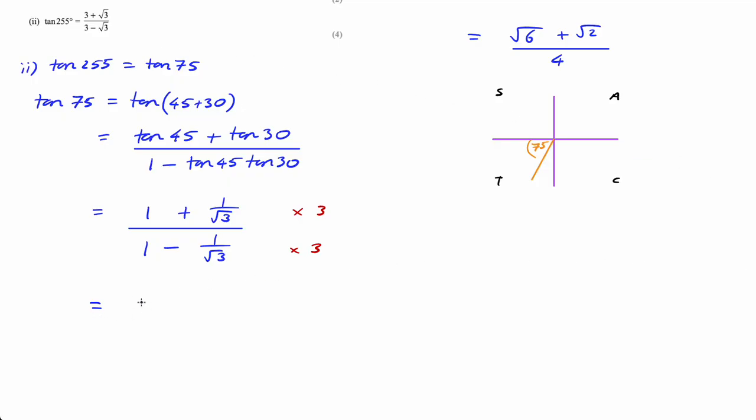So it's 3 plus 3 over root 3 over 3 minus 3 over root 3. And this is equal to 3 plus 3 divided by root 3, which is root 3, and similarly here, 3 minus 3 divided by root 3 is root 3.